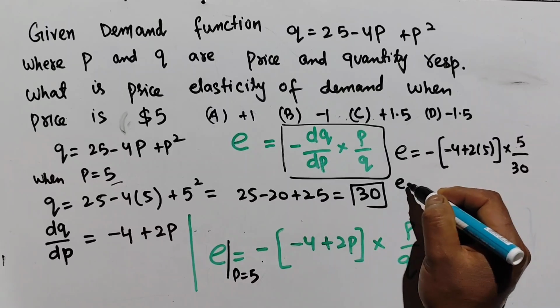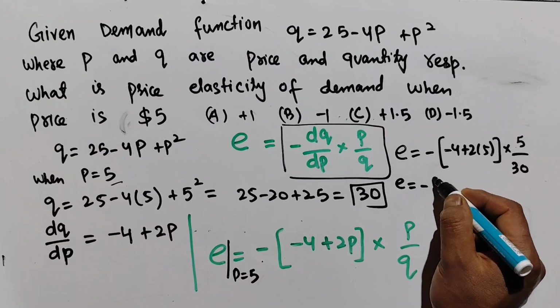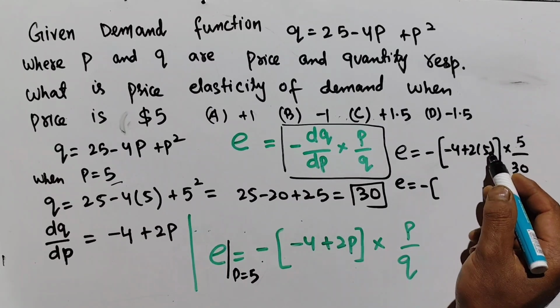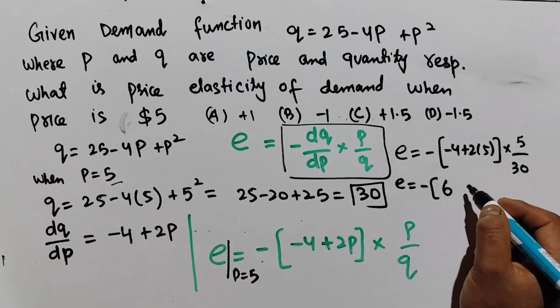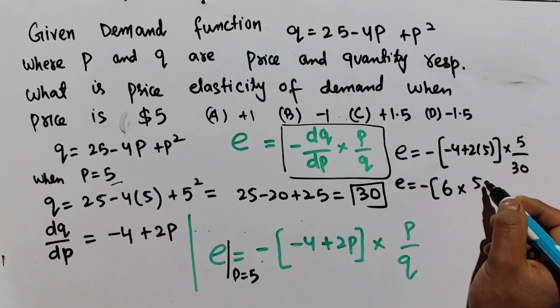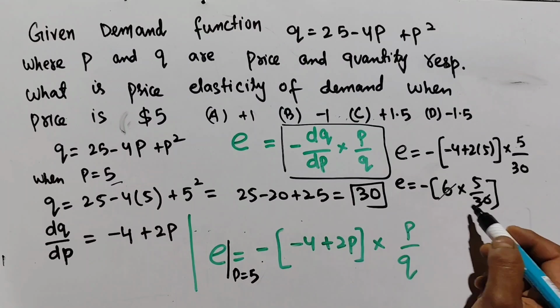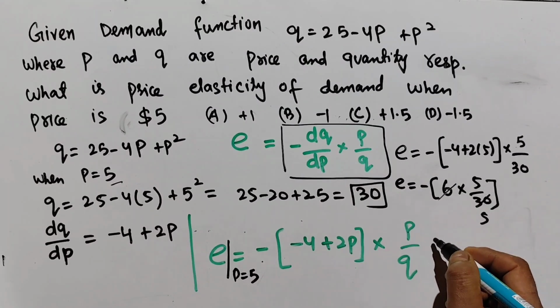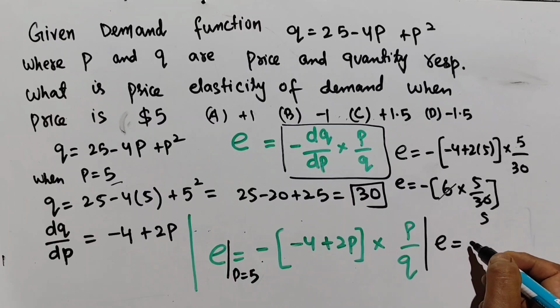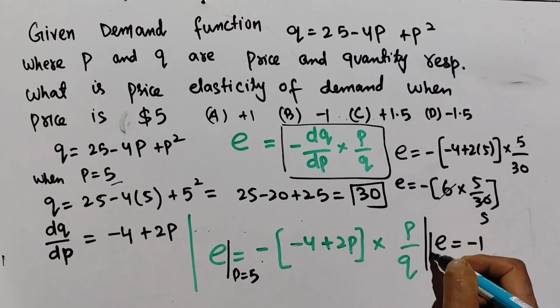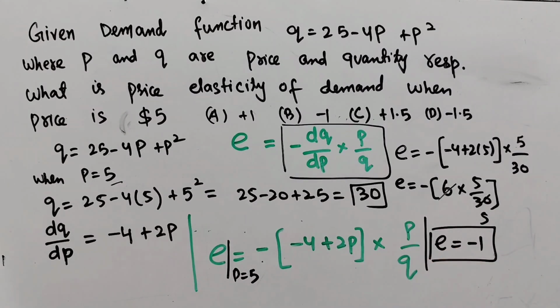So we get E will be equal to minus 2 into 5 is 10, minus 4 is 6, into 5 upon 30, which becomes 6 5s are 30. So we get elasticity of demand is equal to minus 1. It simply tells us if price increases by 1%, quantity demanded will decrease by 1%.